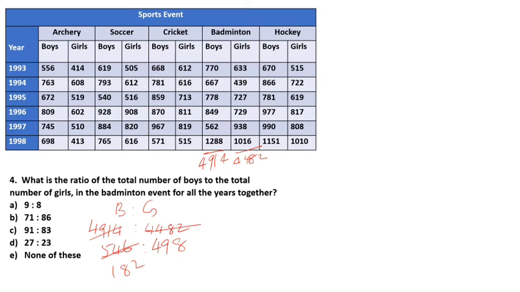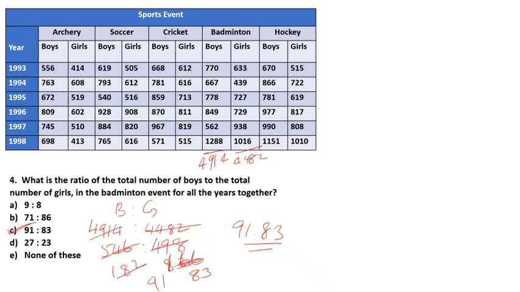Again you cut it here with a 6, 3. 166. So it becomes 166. So again you can cut it how many times? 91 and 83. So the required ratio is 91 is to 83. Accordingly mark the correct option.